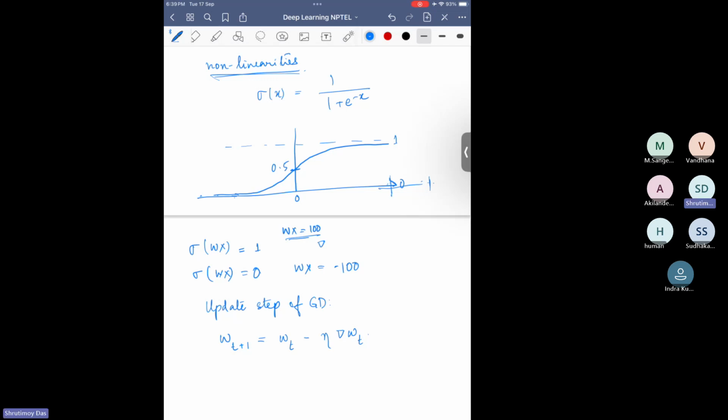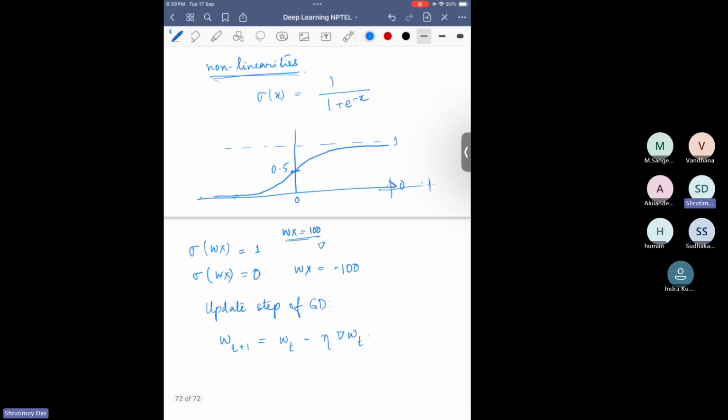No, it is not one. The gradient is 0 in this case, right? Because this is just a 0 slope.